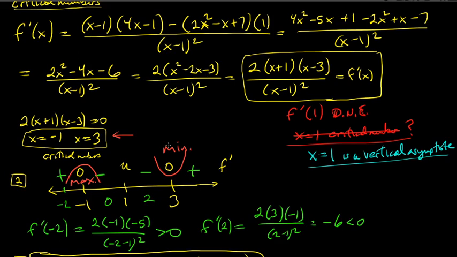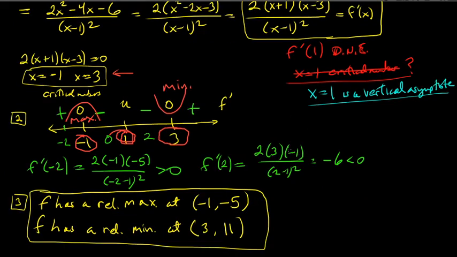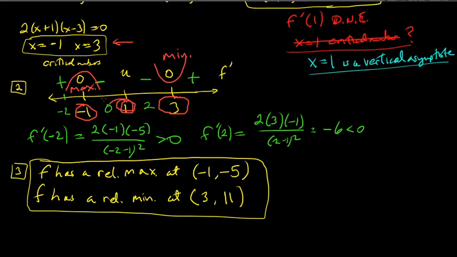Take your derivative, find the critical numbers, mark the critical numbers on your number line, and include any points of discontinuity, even though they're not critical numbers. But the sign of the derivative could change there, so that might make it confusing, right? Then just use the first derivative test to test whether the critical number gives you a maximum or a minimum, right? Or neither, right?